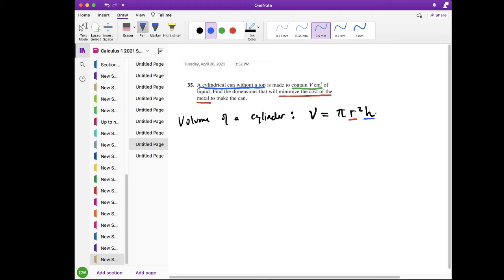So that's why this question is somewhat interesting. Okay, so what we want to do is to find the dimensions that minimize the cost of metal. What tells you minimizing cost of metal? What formula do you think that implies? Surface area. What's the surface area of the cylinder?